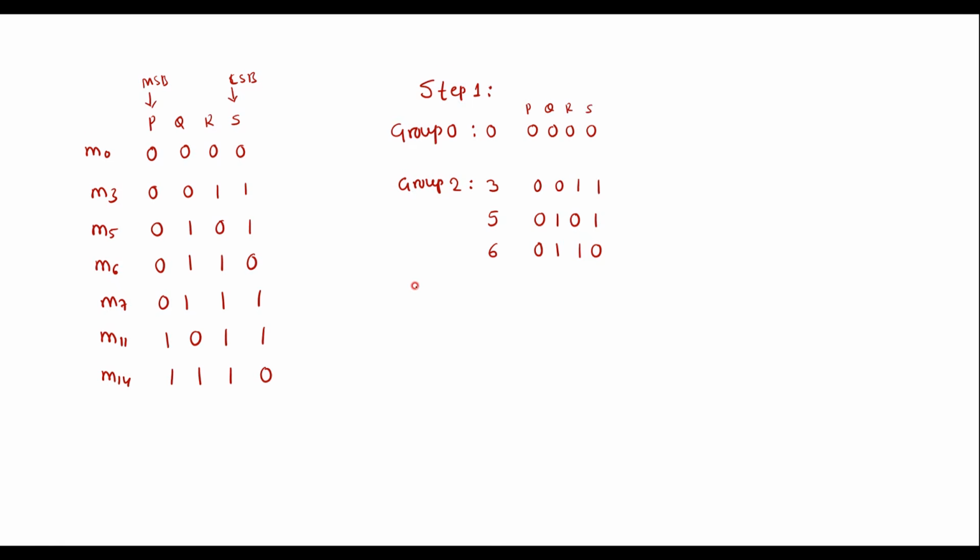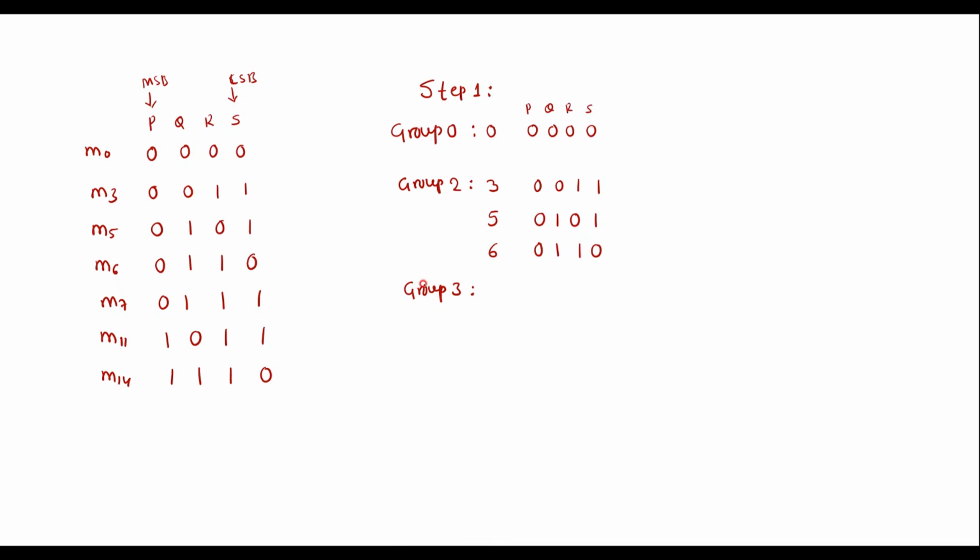So now let me write group 3. Group 3 is the one where we have to consider the min terms which have 3 ones. So here in m7 we have 3 ones. In 11 we have 3 ones. In 14 we have 3 ones. So 7, 11, 14 fall under group 3.